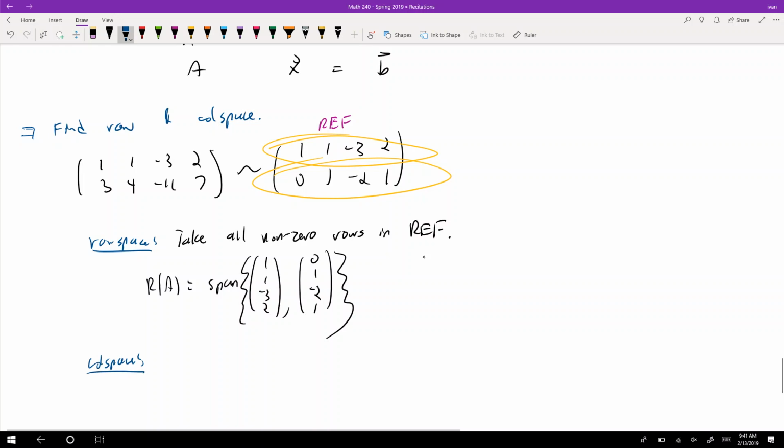Column space is the following. You use the pivots as indices for the columns in the original matrix. So for example, I have pivot, pivot, free, free.